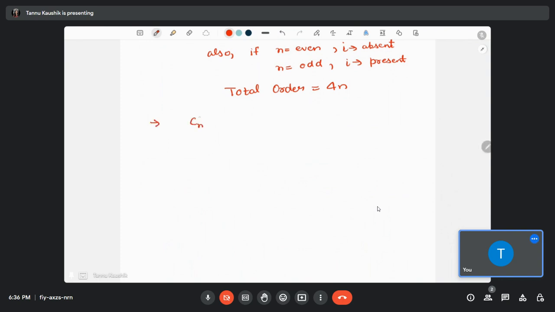So here they have these rules. The Cn^m and Cn^(n-m) will be in the same class.